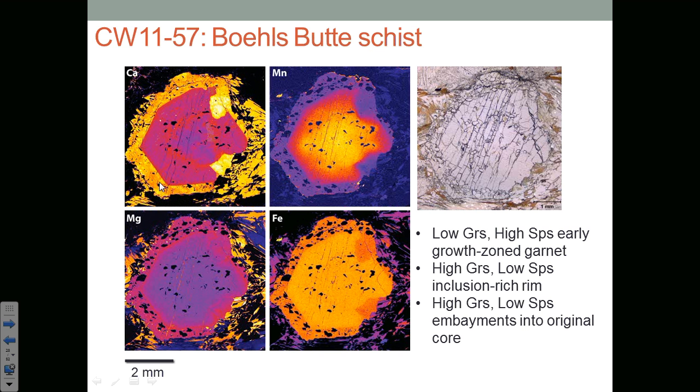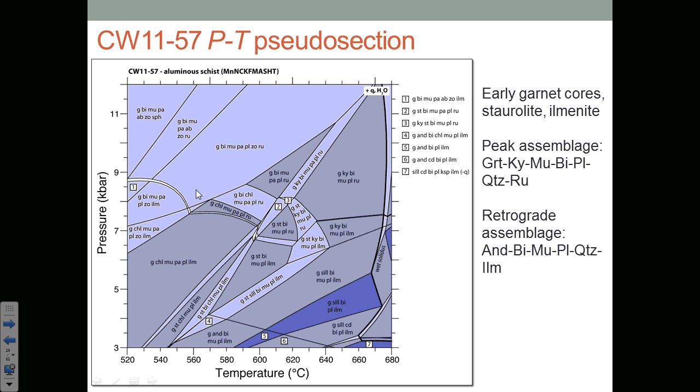The rim, Jeff's tried to get some data on rims. It becomes difficult because all your lutetium goes into growing the core. You have these very low lutetium rims, and you can't get very precise ages, but he's gotten some Cretaceous ages on the rims, with big errors on them. So presumably this is related to the first metamorphism, that's essentially the age of the belt deposition, and then a second event that's the Cretaceous high pressure event.